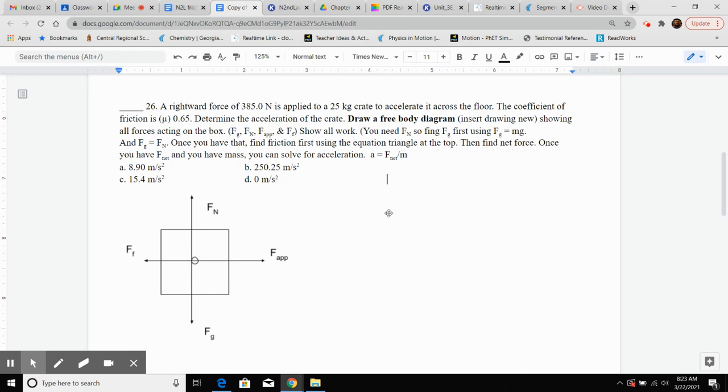All right. So we're given a rightward force of 385. So our F applied is equal to 385 newtons. What else are we given?